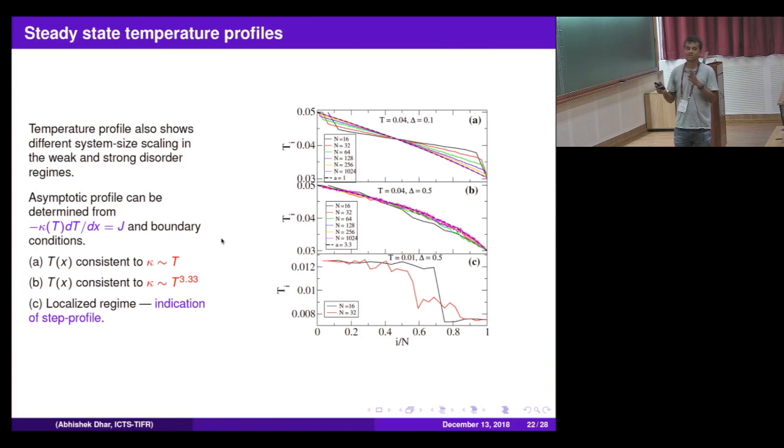So this is at a temperature where the conductivity depends on T to the power 0.33, right? So then, if you just use Fourier's law, you can explain this profile completely using this law.